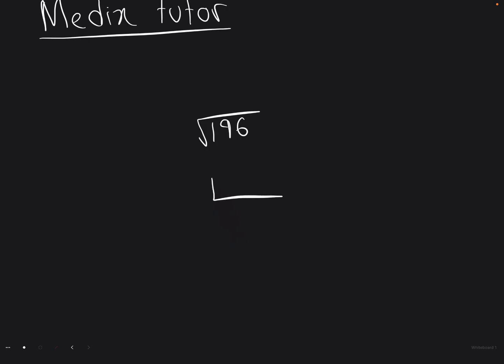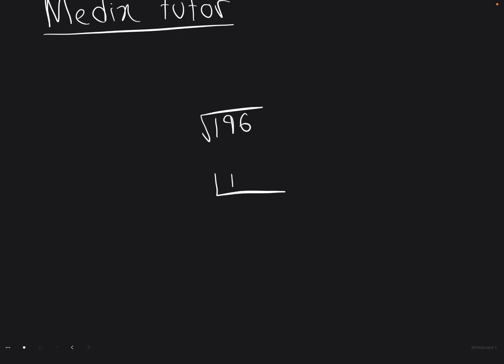So first, we can see that 196 is divided by 2. So you put a 2 here, and we go up by 2. 196 divided by 2 is 98. We know that this is divided by 2 too, so we put a 2 here and we go up by this, 49.